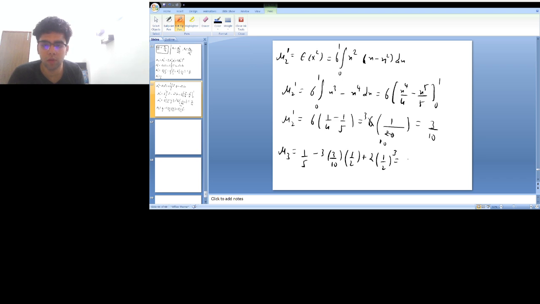So this turns out to be 1 by 5 minus 9 by 20 plus 2 upon 8, 1 upon 4, which is 1 upon 5 minus 9 upon 20 plus 1 upon 4, which is, now 5 and 4, 20, 4 plus 5 is 9, this becomes 9 upon 20 minus 9 upon 20, which is 0.